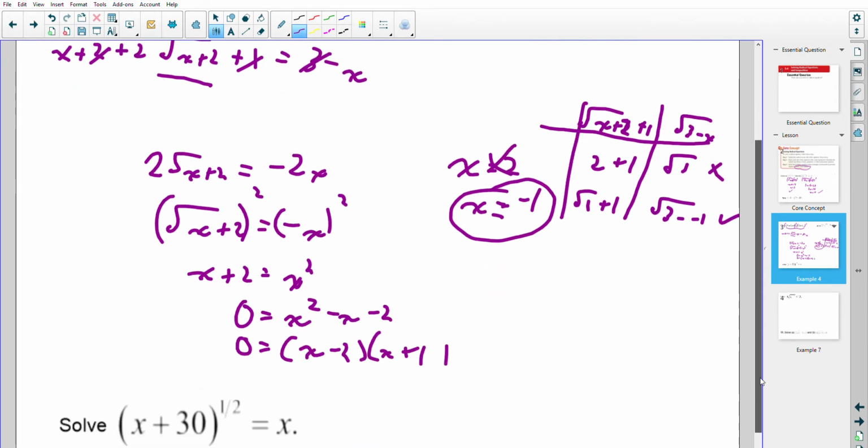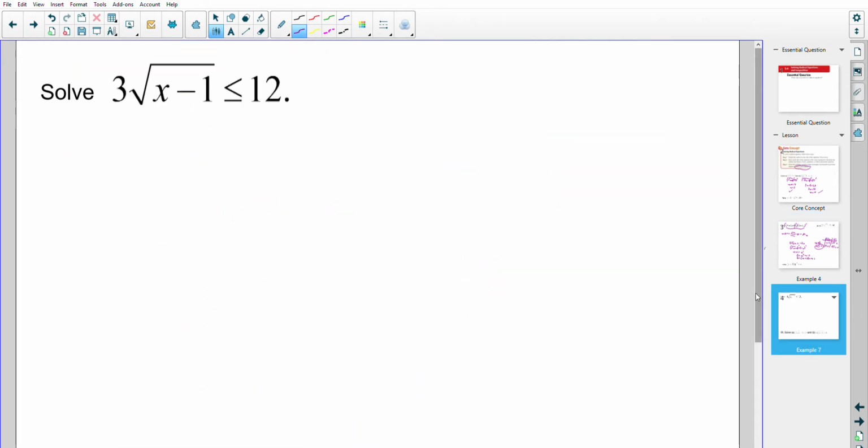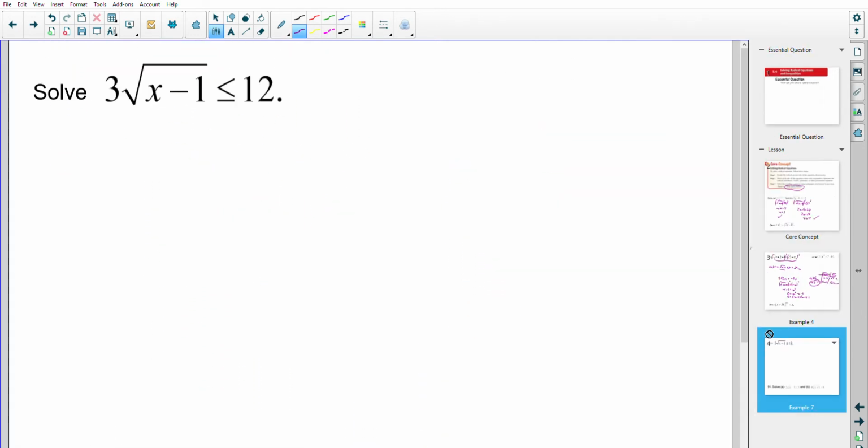Now, the last type of problem that we can have is an inequality type of problem. And this is where you have an infinite amount of answers. So again, the idea is to solve for that x. So we want to get rid of everything that we can to make it easier.